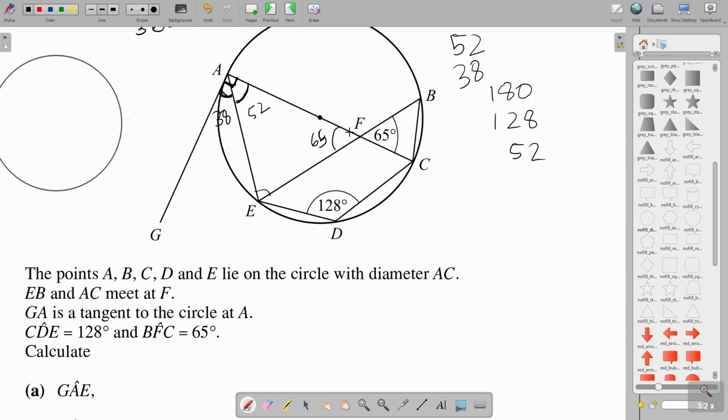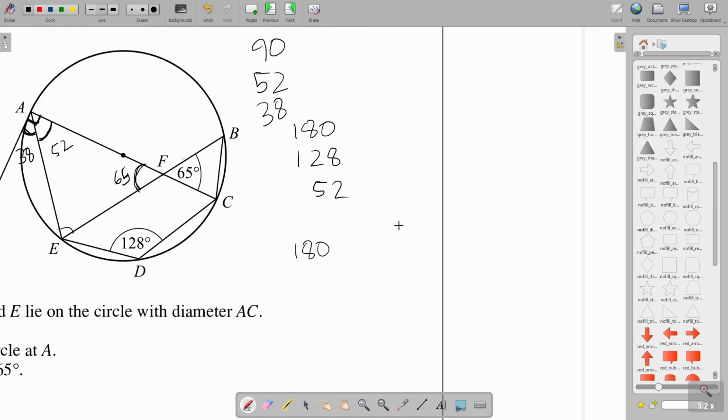We can actually do a whole exercise to find that as well, but this will be 65. We already have 52, and we know that a triangle makes 180. So 180 minus 65 plus 52. 65 plus 52, 5 plus 2 is 7, that's 117, right? So 180 minus 117, 7 minus 1 is 6. So this is going to be 63.